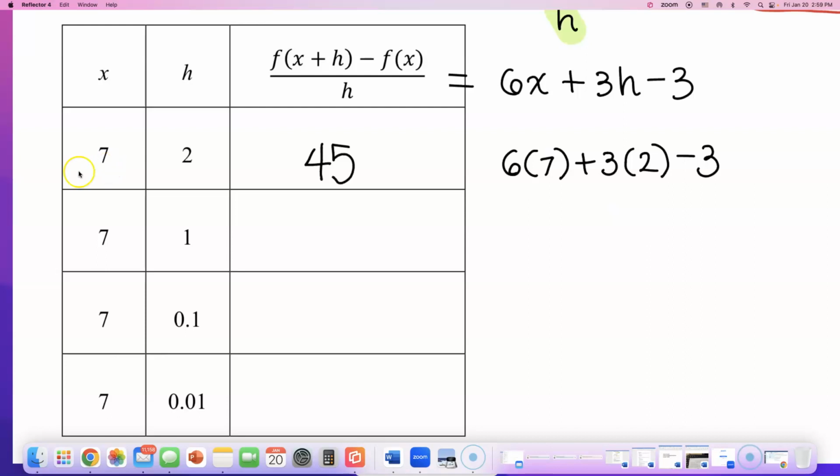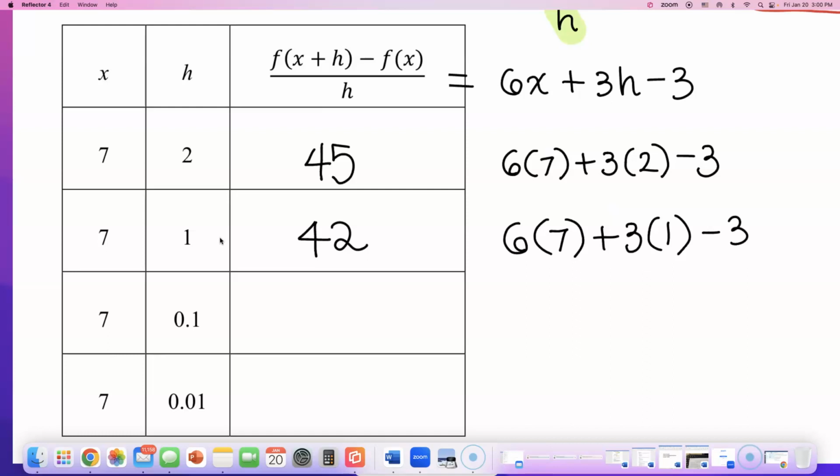All right, let's do the next one. I have to do 6 times 7 plus 3 times 1, this time h is 1, minus 3. If you do that, the answer comes out to be 42. Next, 6 times 7 plus 3 times 0.1 minus 3.